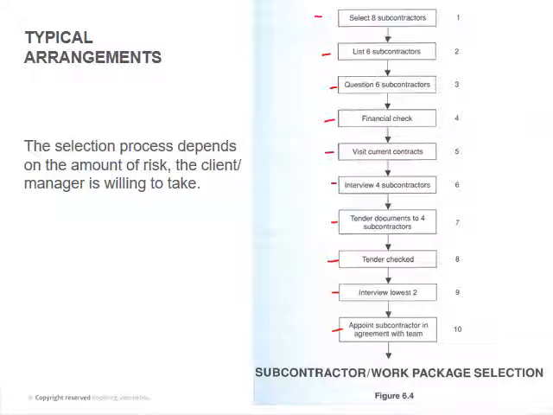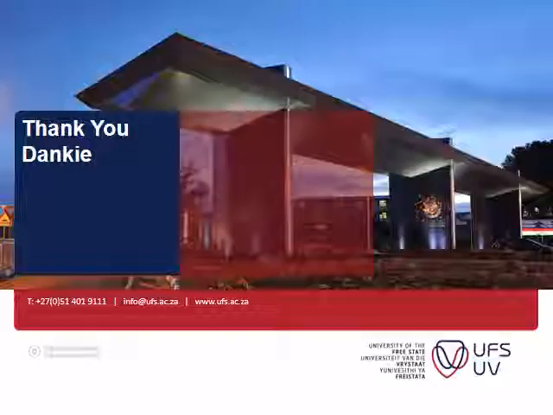So very simple. It's a bit of a negotiation type of shortlist method that's used. So this is more or less how work packages work whenever you're doing your procurement.